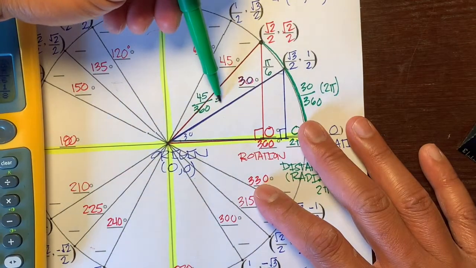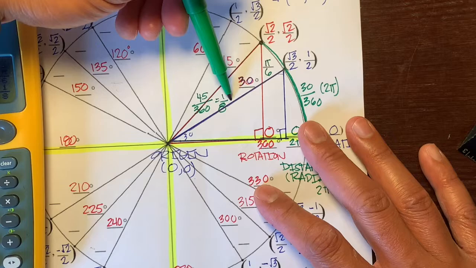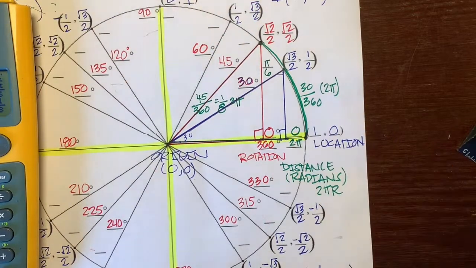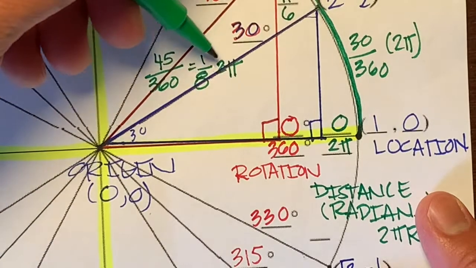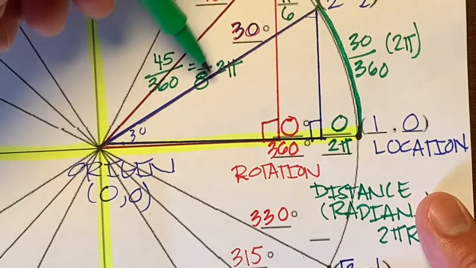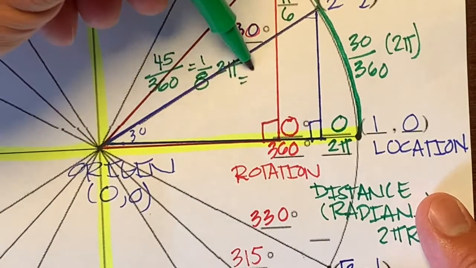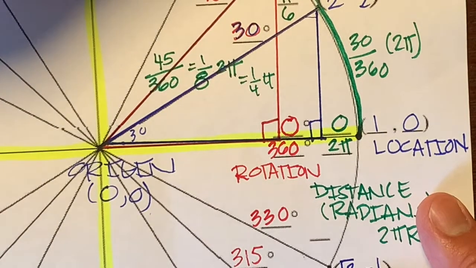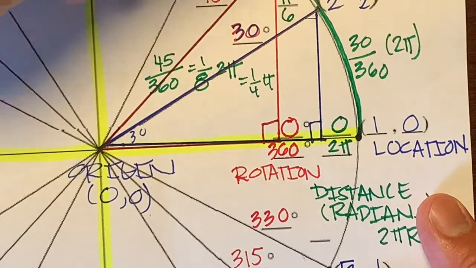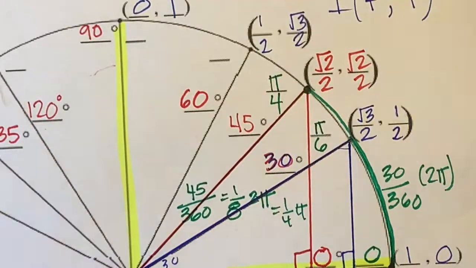We want 1/8 of 2 pi. If we simplify, 2 over 8 is 1/4 pi, or pi over 4. So this is pi over 4 simplified.